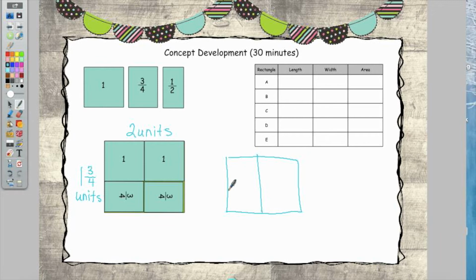And then, about like that. I did it. 1 and 3/4 units. 2 units. So then go ahead and label it with your numbers.